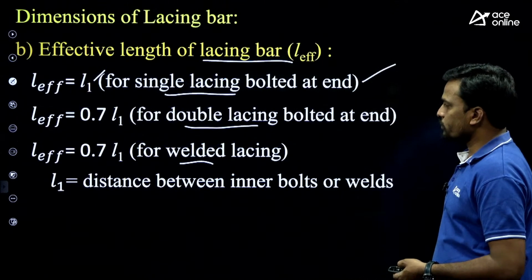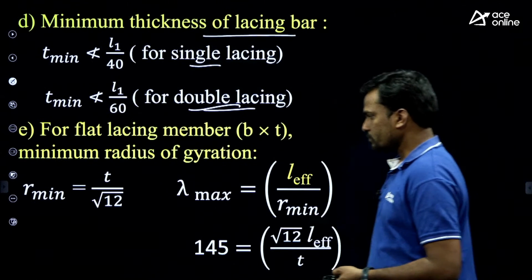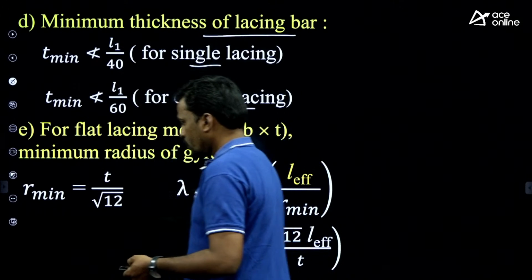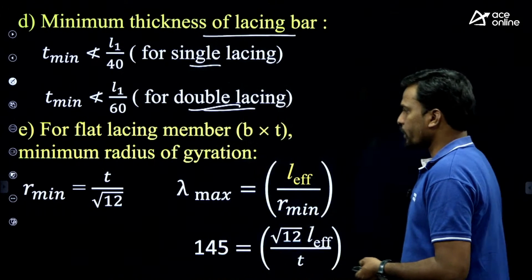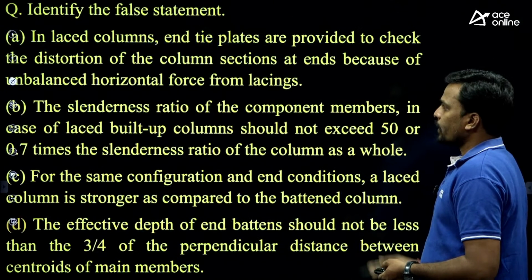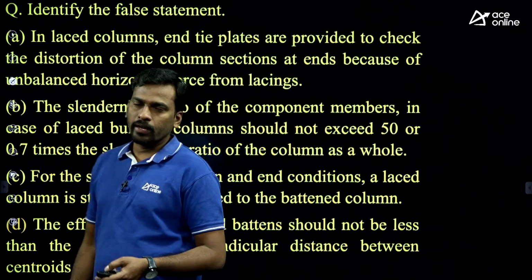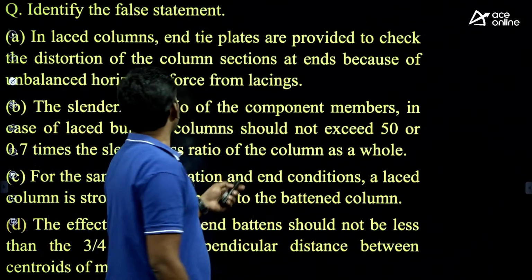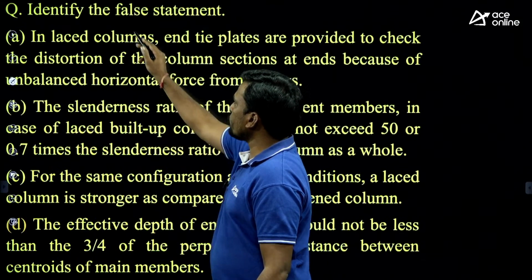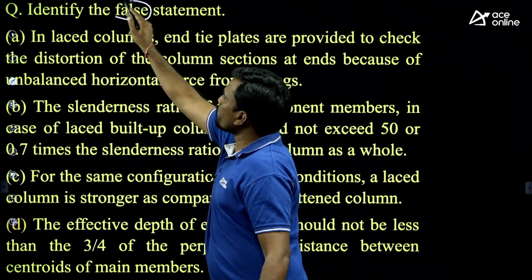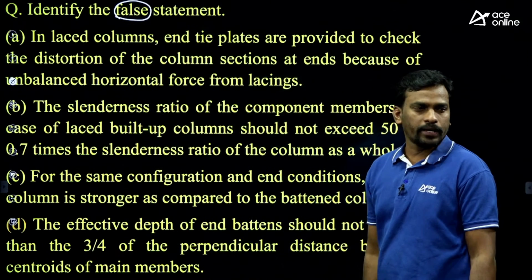Right. The next question. Yes, Suraj Chowdhury, you are correct. Next question. So this is also from laced column. Now check it. What are you asking? Again, identify the false statement, incorrect statement.